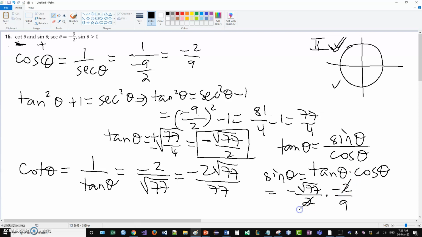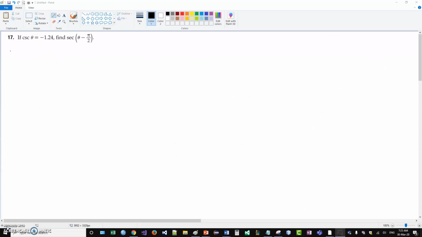The 2 cancels out with the 2. Negative signs cancel each other. So square root of 77 over 9. Pause the video and look at this one more time.